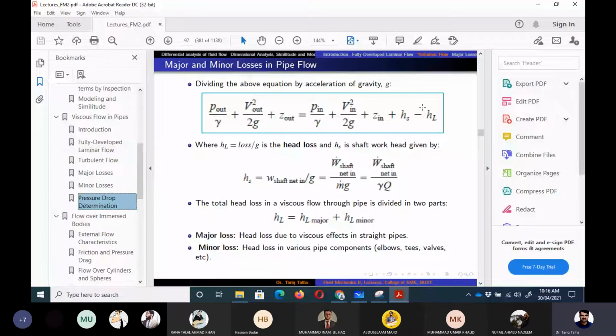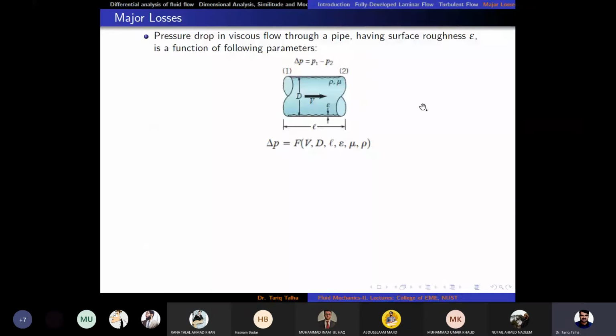After that, we discussed that if we have turbulent flow in a straight pipe, because we are talking about major losses, we will only consider the flow through a straight pipe. In that case we need to consider surface roughness as well, because for turbulent flows, as we discussed in the last class, pipe surface roughness also becomes a very important parameter.